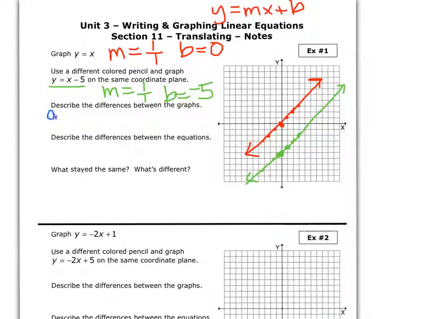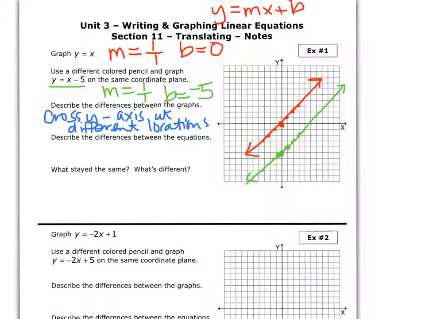They cross the y-axis at different locations. Okay, cross y-axis at different locations.